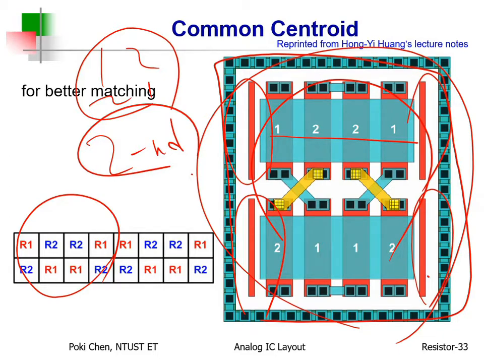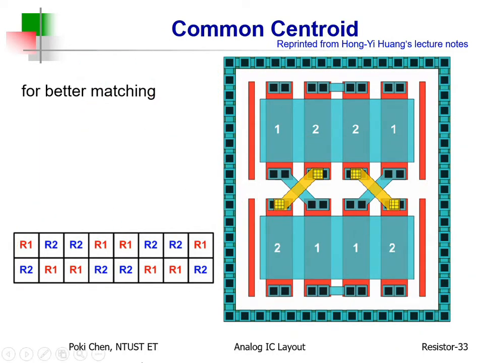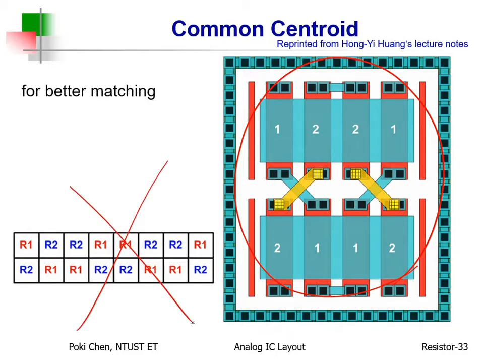If you have this, you can see this is already the second order gradient cancellation. How to make it third order? This is no good because here for second order, flip to the right is wrong.